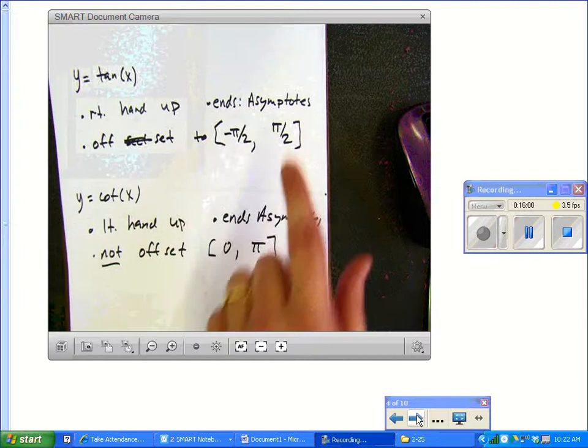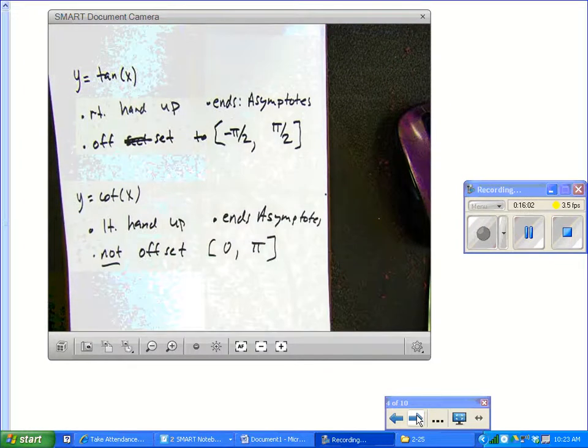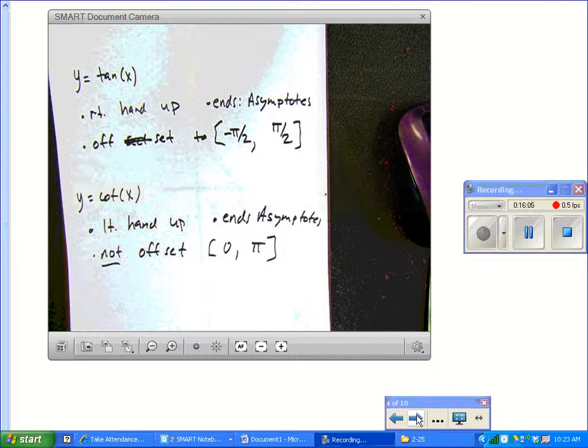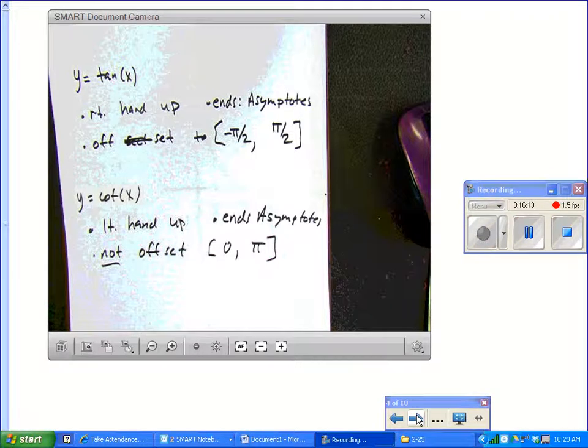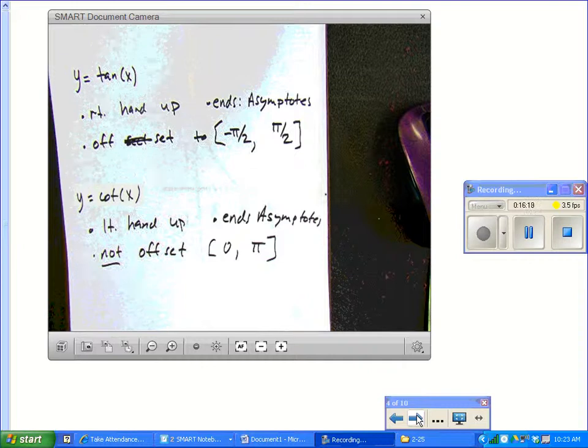Both ends are asymptotes, but it's offset, so it only goes from negative pi over 2 to pi over 2. And then cotangent, the left hand goes up, and it's not offset. If you remember all this, you don't really need to do all that T-table junk every time.